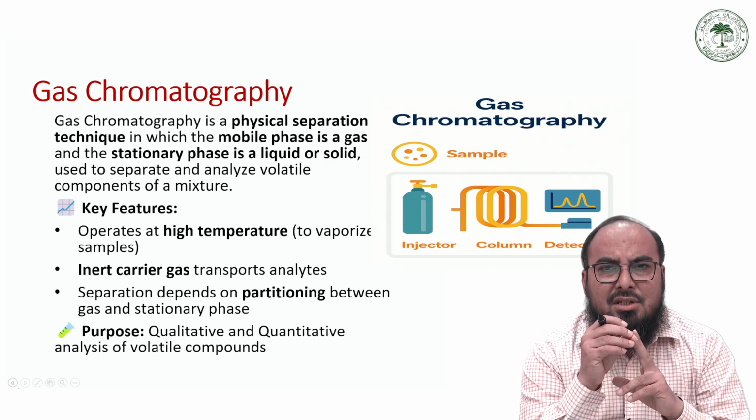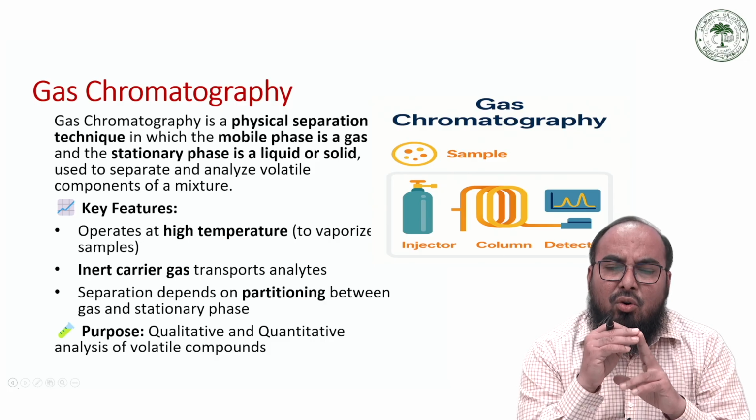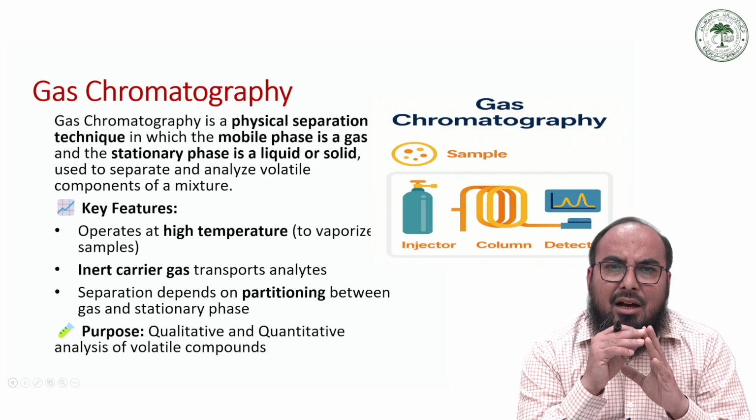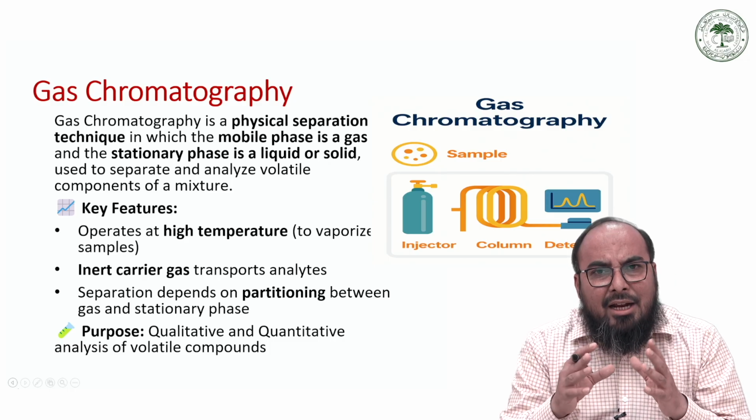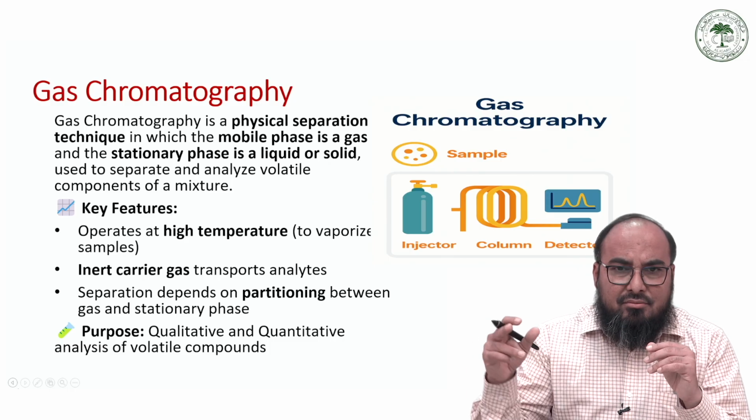Second is, of course, here the inert gas should only act as a simple transmitter of your analyte through the column.